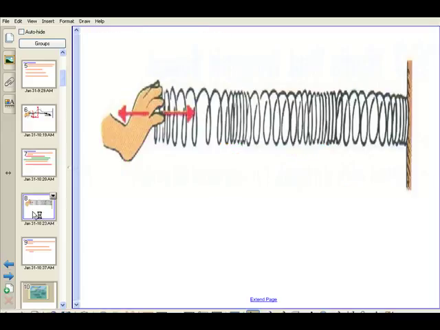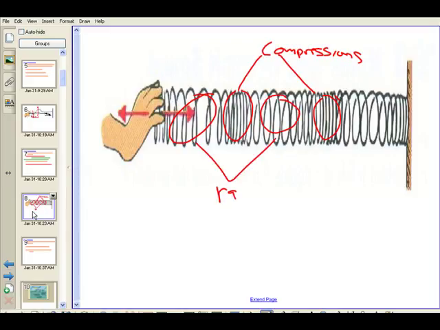So we have a couple of things here. Like this area and this area, those would be compressions. This area and that area would be our rarefactions. And basically a wavelength here is from the beginning of one compression to the beginning of the next compression.